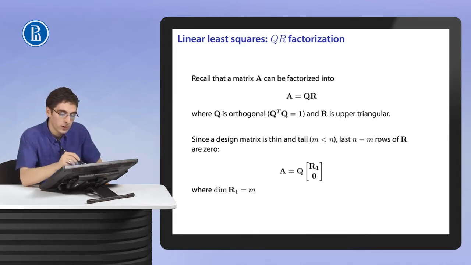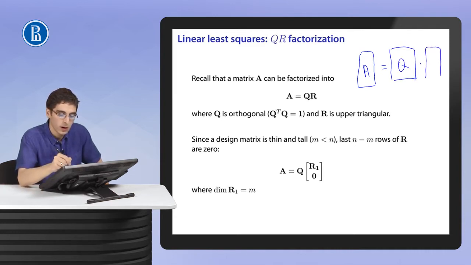So graphically, say if we have our design matrix which is thin and tall, this is A, this is Q, and it gets multiplied by R, which is upper triangular.